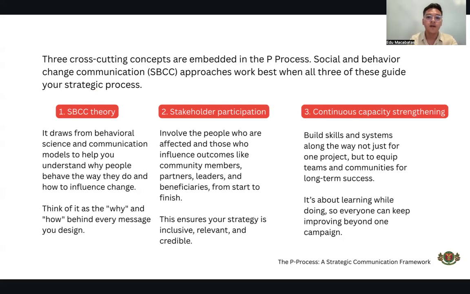Second is stakeholder participation, where we involve community members, leaders, partners, and influencers from the very beginning to ensure strategies are relevant and credible. And the third is continuous capacity strengthening, where we aim to build skills and systems along the way, not just to execute projects, but to sustain long-term change. These principles ensure that the P process model is not just effective, but also inclusive and sustainable at the same time.